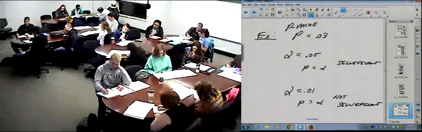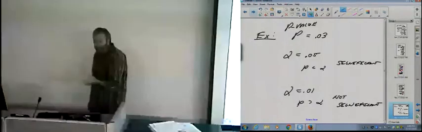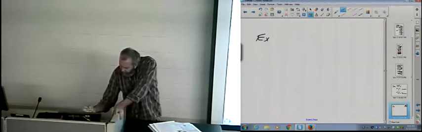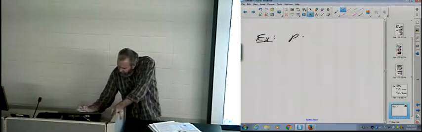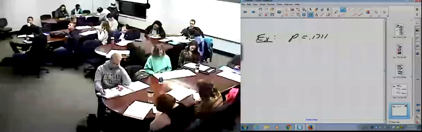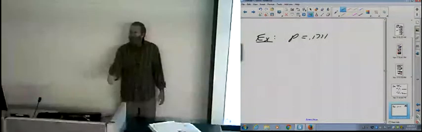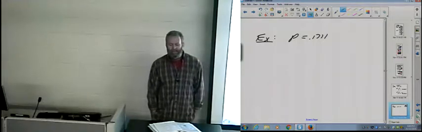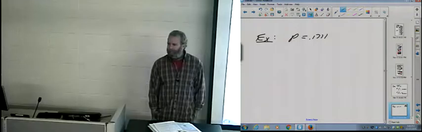Now, what about the problem we were doing before? Remember the one I had about the colas? X bar was 0.3. Is that significant at the 5% level? Is that significant at the 10% level?